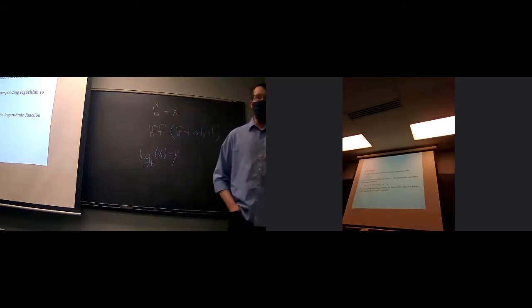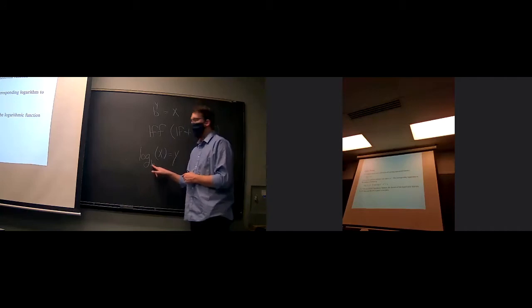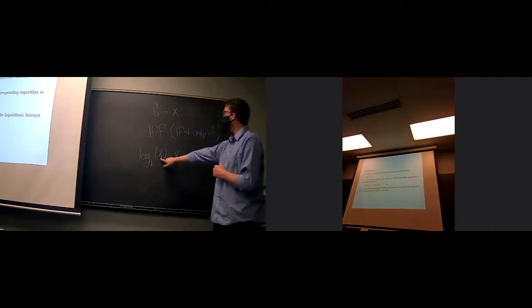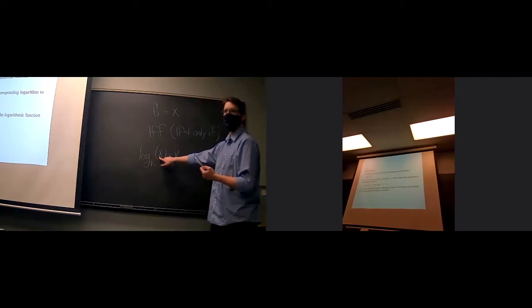Right? Because what the logarithm's doing is saying, all right, assuming that your base is b, and the whole thing evaluates out to be x, what exponent do you have to tack on to b to get x? That's what we're asking here with the logarithm, right?